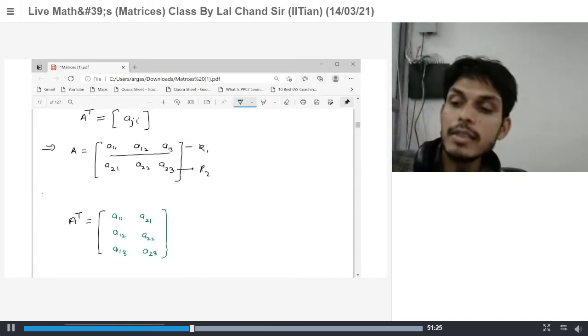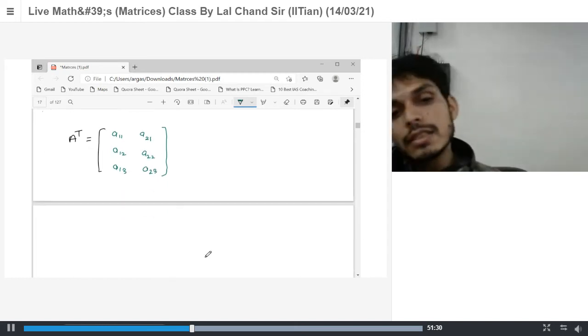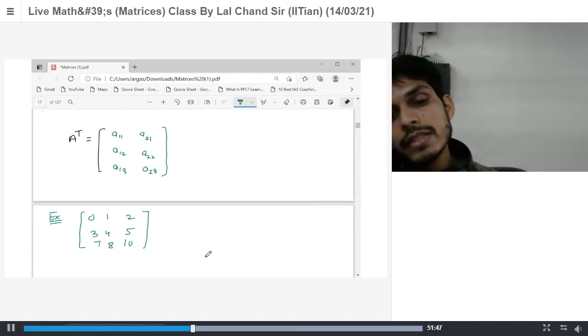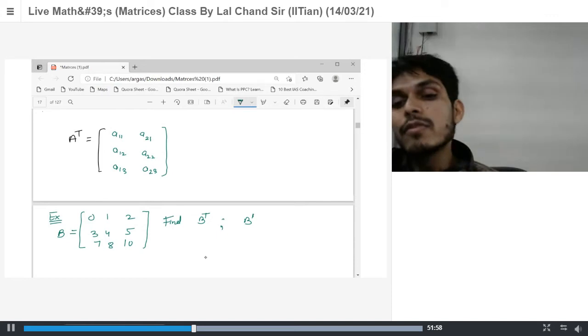So now I think this is clear to you, how we find out the transpose. Let us discuss with some examples. I have a matrix B with rows 0, 1, 2, then 3, 4, 5, then 7, 8, 10. Find B transpose. Sometimes this is written like this, or this is also written like this. These are the same notation for transpose.